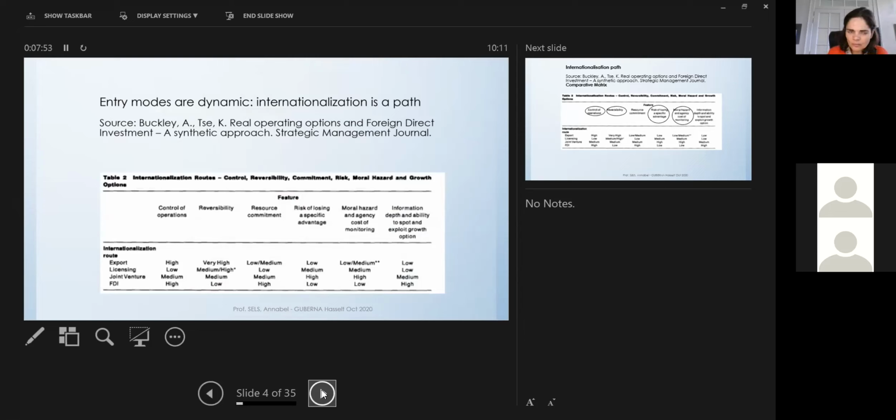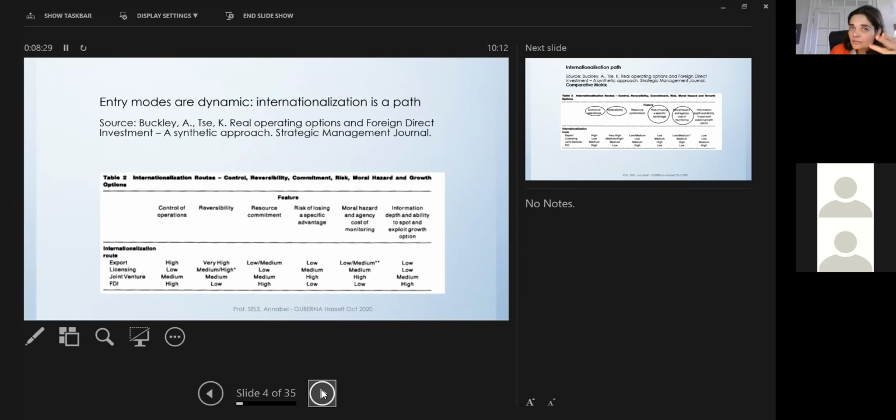And this is also interesting because he points to increasing control, decreasing reversibility actually, because an export decision is quite reversible, right? You don't sell in a certain geographic market, then you say, okay, I give up, and it was a nice try. It's of course much more difficult to retreat when you have set up a subsidiary there, or a joint venture, as we will see in the case between Danone and Wahaha, for example.